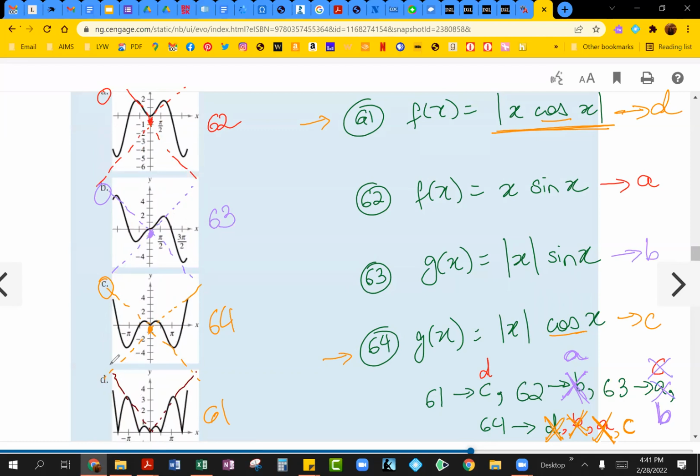You're not going to end up with any negative y values, because no matter what you do over here, this value is always going to come out to be positive. And that's why you have no graph below the x-axis.